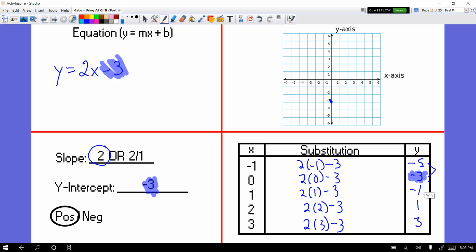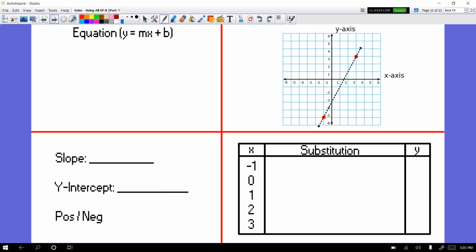You can see it's increasing by 2, just like our slope says it would. So I'm going to pick 3, 3, just randomly from our table. There's a line crossing through at -3. And that's a positive line with the slope of up 2 over 1. There you go.